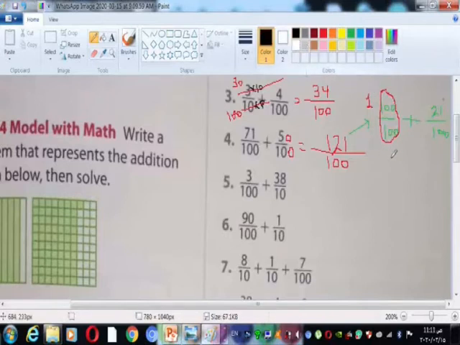So finally, the fraction 121 over 100 equals 1 and the fraction 21 over 100.